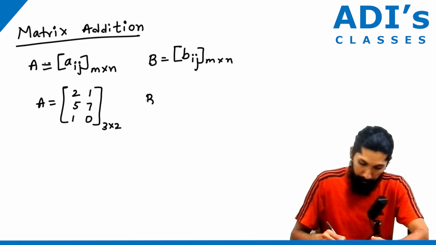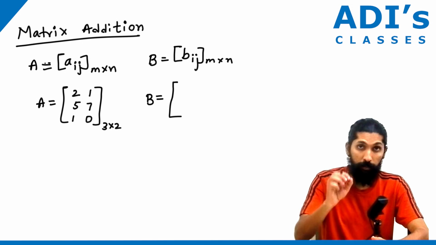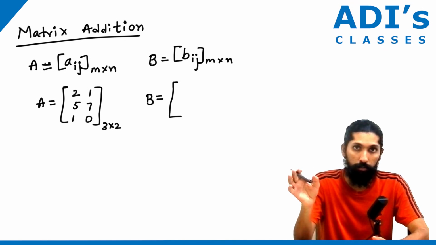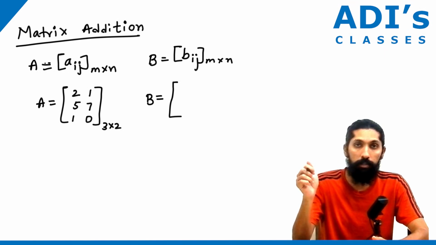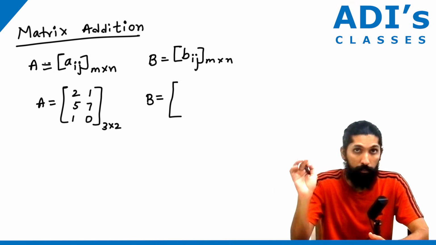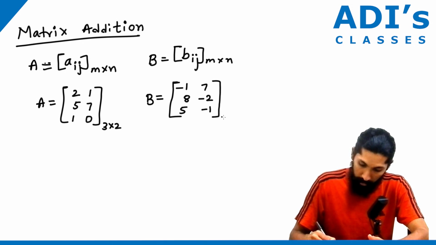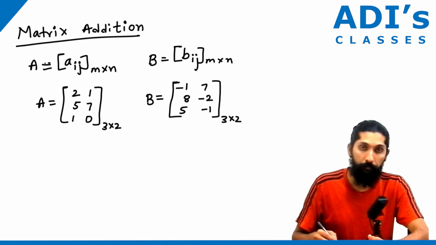Let's take matrix B. Very first thing, the prerequisite is that the order should be 3 cross 2. You cannot take 2 cross 2 and say, okay, I'm going to add it. Not possible. So matrix B is [-1, 7; 8, -2; 5, -1]. This is also 3 cross 2, correct?